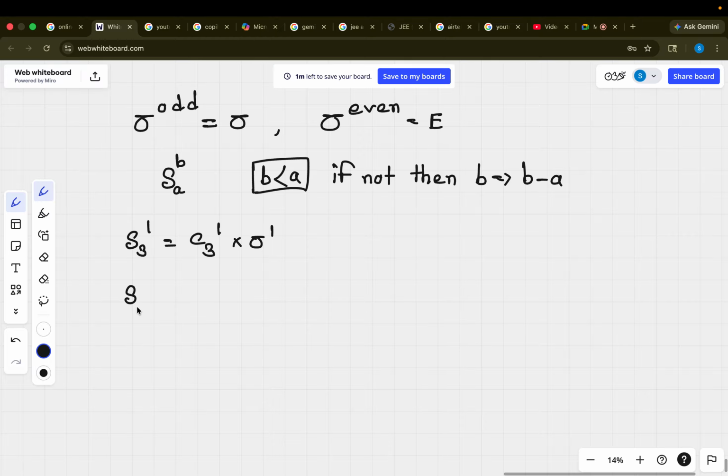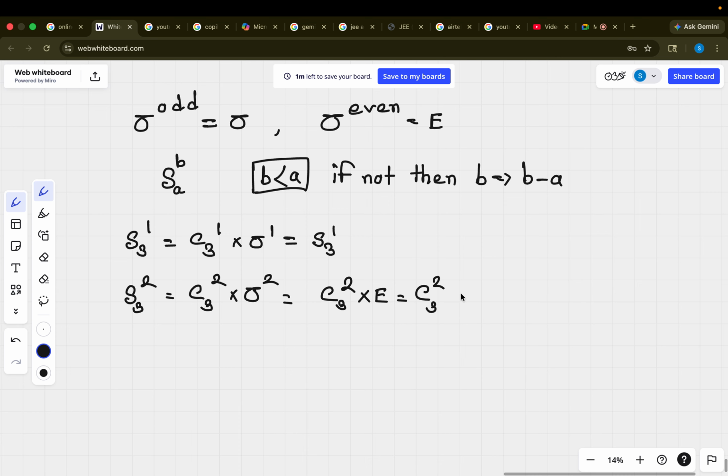Now suppose I am writing S_3^2. Then I have to write C_3^2 into sigma squared. Sigma squared is equal to what? Sigma to the power even means identity, E. So I have to write C_3^2 into E, and if you multiply any operation with identity, ultimately you will get that operation back.